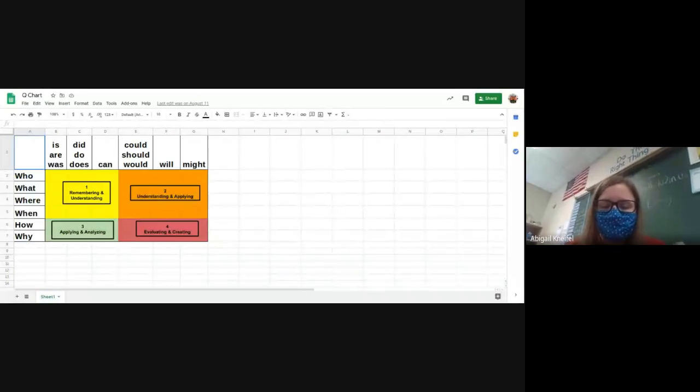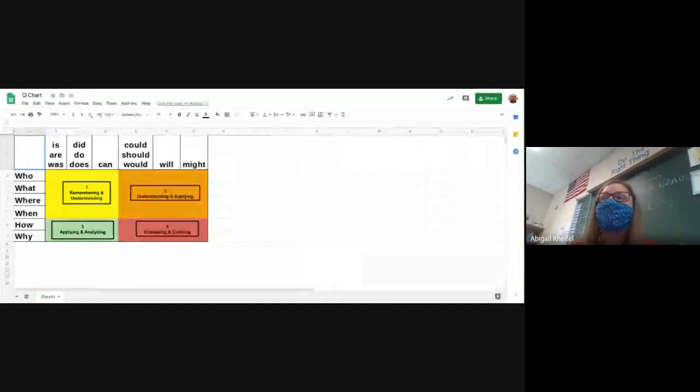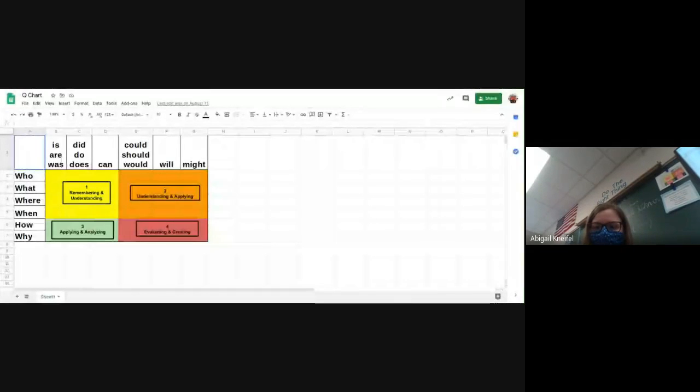Does that make sense? So I don't care what quadrant it's coming from as long as you know what quadrant. So you're going to make the question, make the answer, write the quadrant. That is going to be worth, question is worth 1 point plus the capitalization plus the punctuation. That's 3 points. Answer, capitalization, punctuation, the actual answer, and the quadrant. So this is going to be worth 7 points.